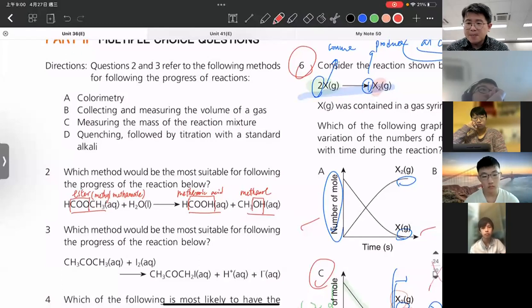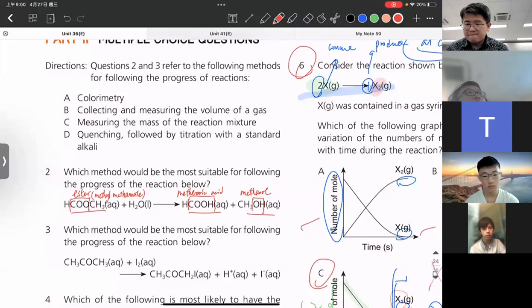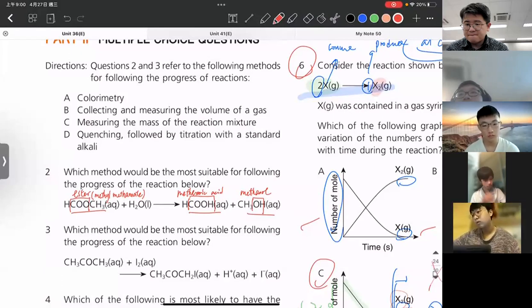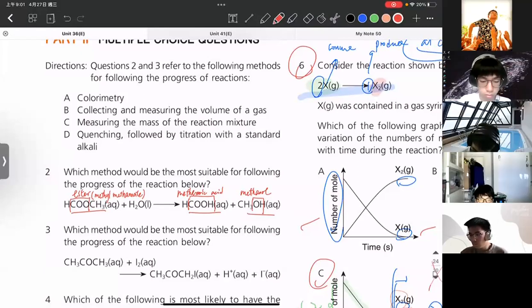What are the colors of those chemicals? Colorless. All 4 are colorless.